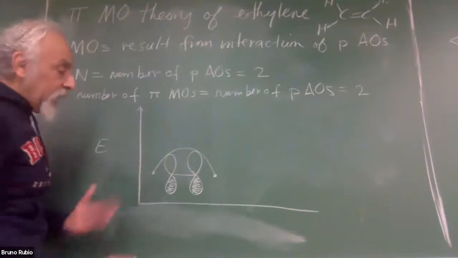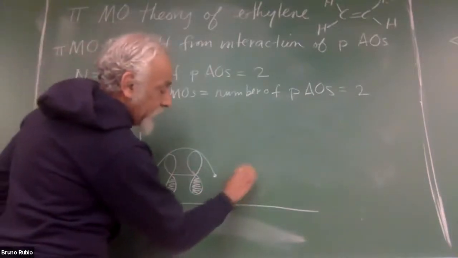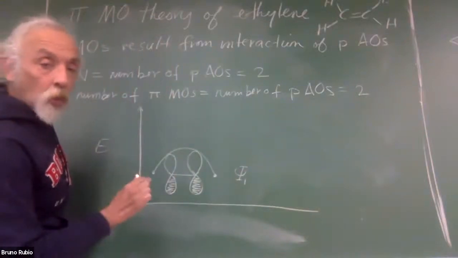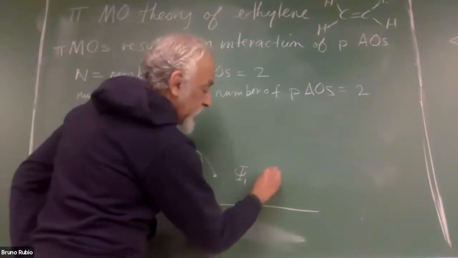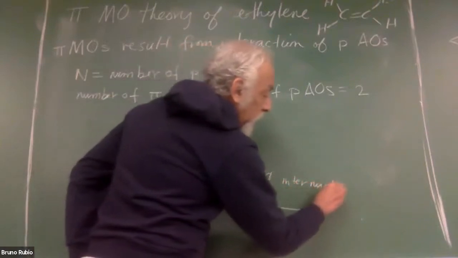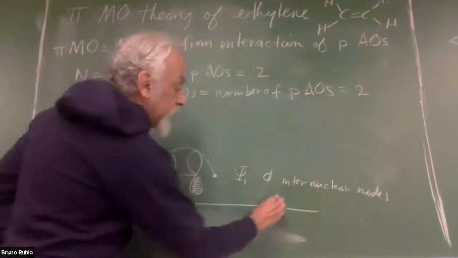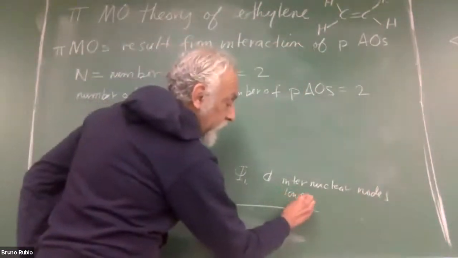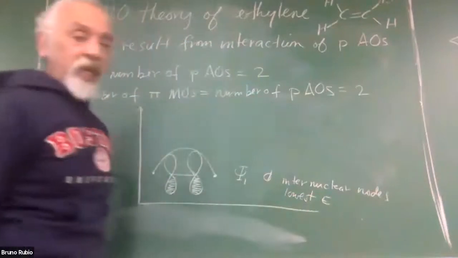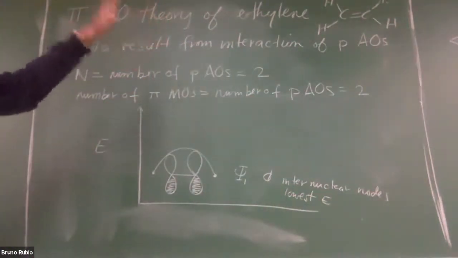Okay, and this has what I'm going to call psi 1, molecular orbital 1. This has 0 internuclear nodes, and this is the lowest energy pi molecular orbital of ethylene.